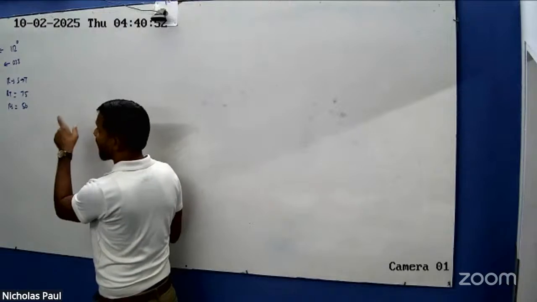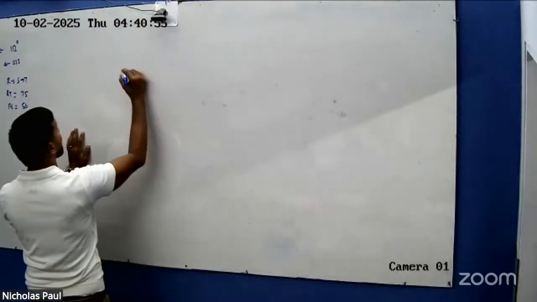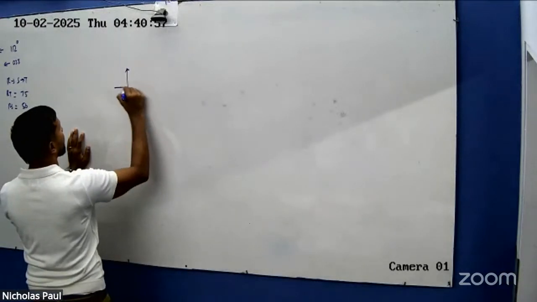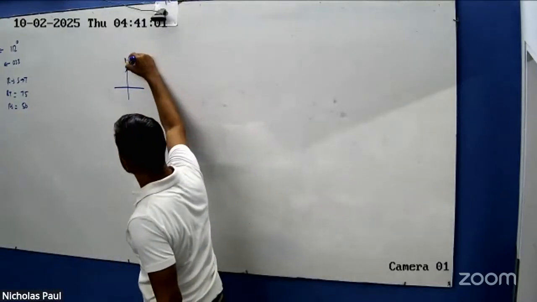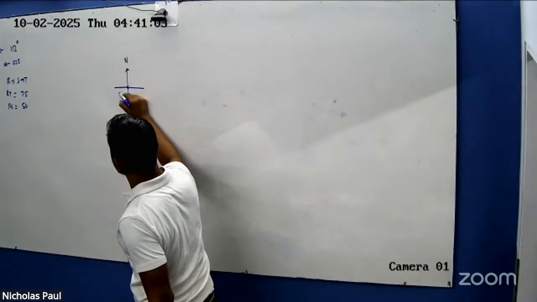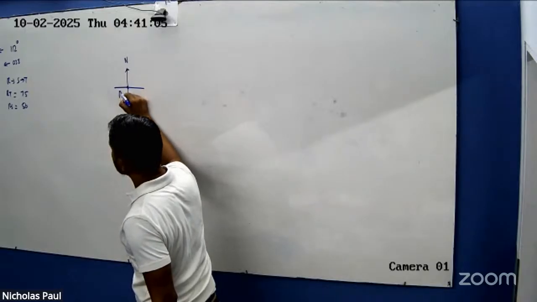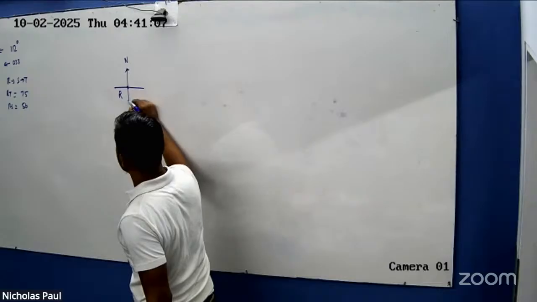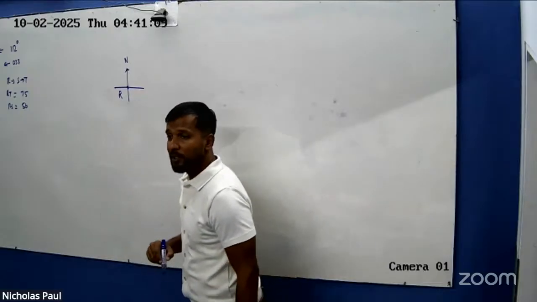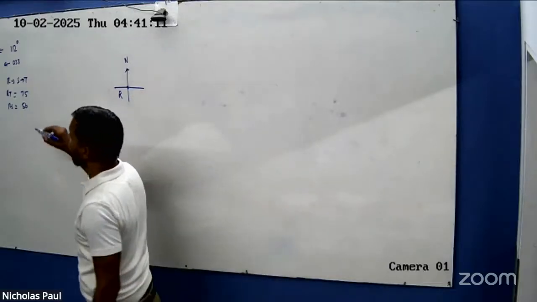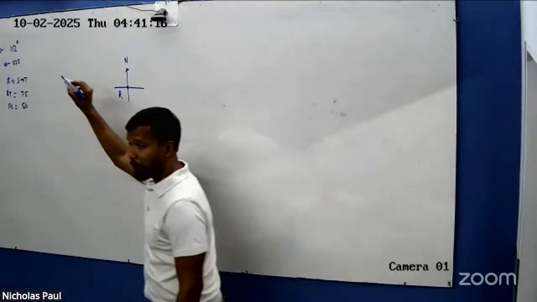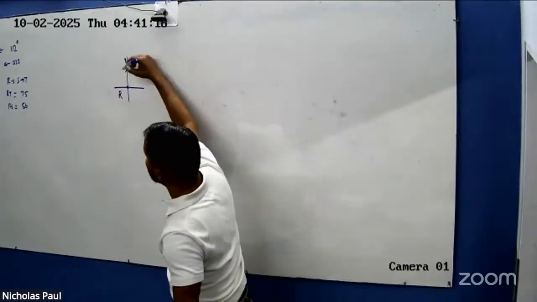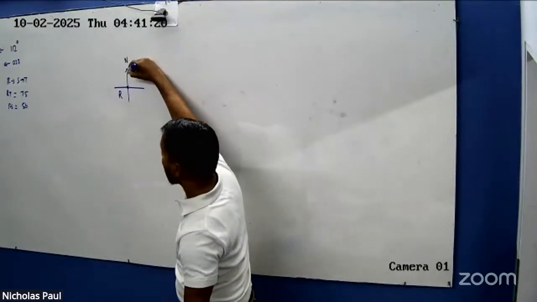So we're going from R to S to T. We're starting right here. This is your north. This point here is your R. So what they said is on a bearing of 112, so we're going to estimate 112.